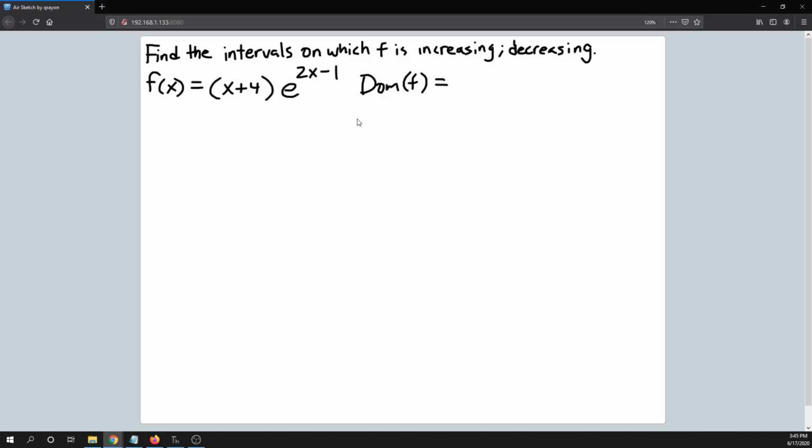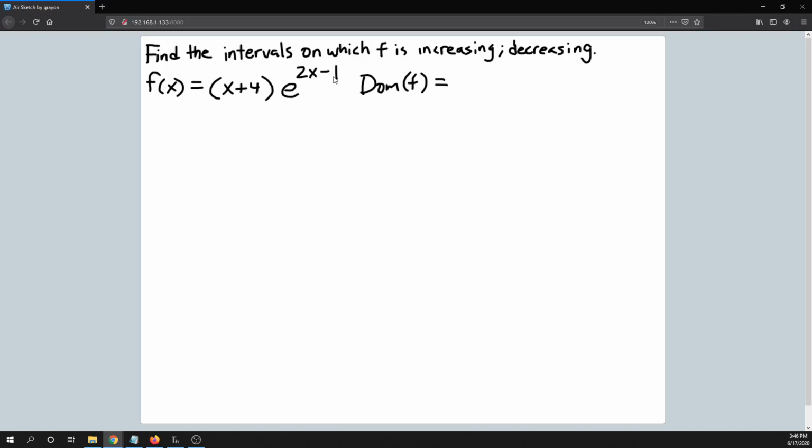And looking at it, we have x + 4, which is a linear function, a polynomial, and 2x - 1, which is also a polynomial. And then the 2x - 1 has been composed with e to the x, right?